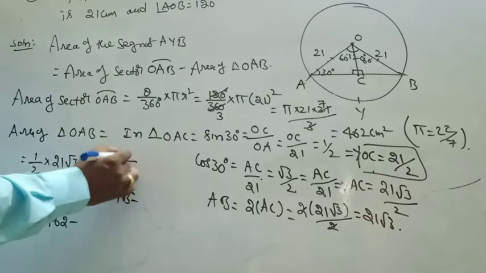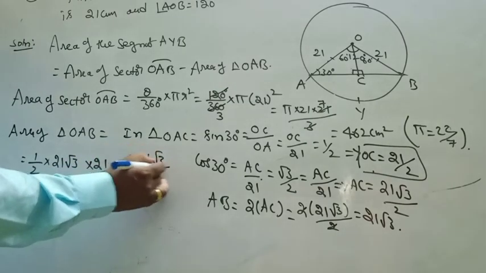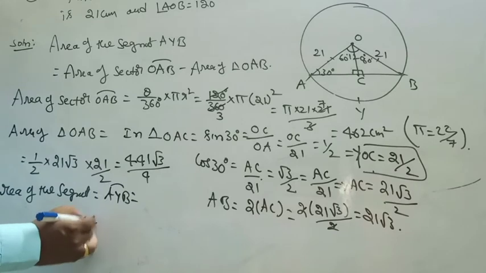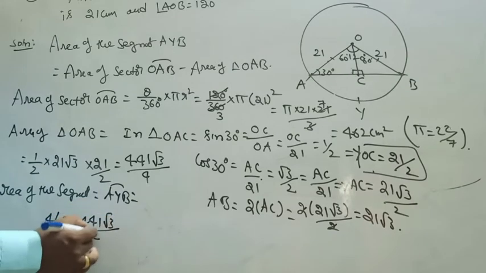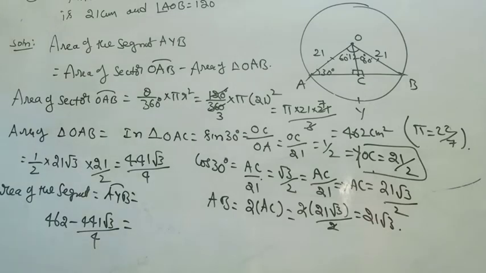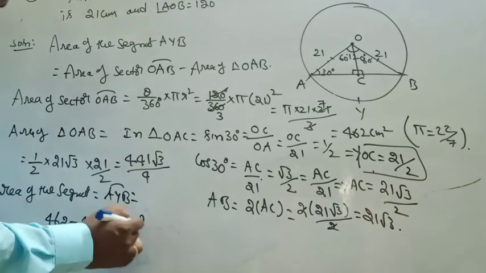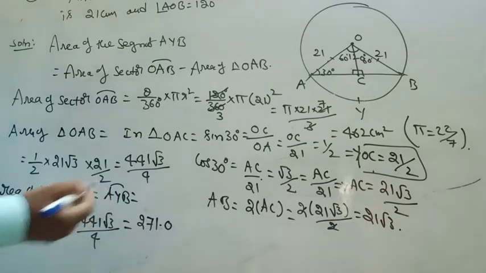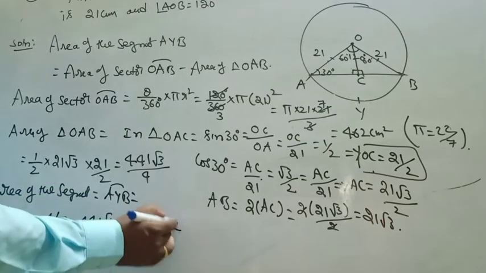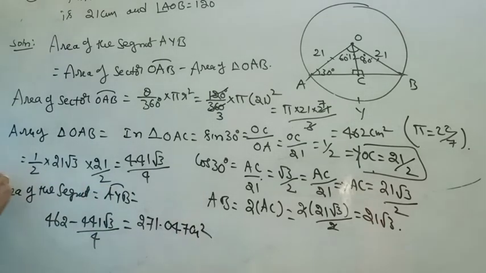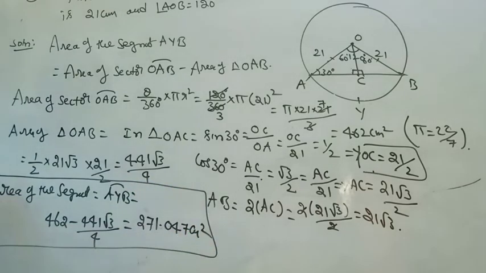If you simplify that, taking root 3 value as 1.7, you will get 271.047 square centimeter. This is the area of the segment. In this beautiful way, we get this problem.